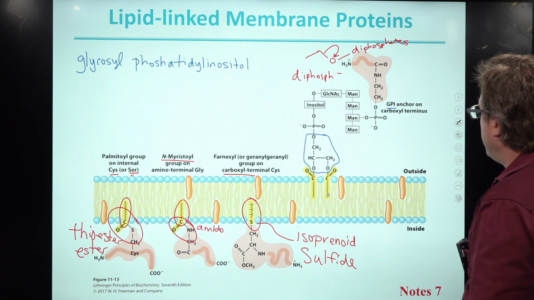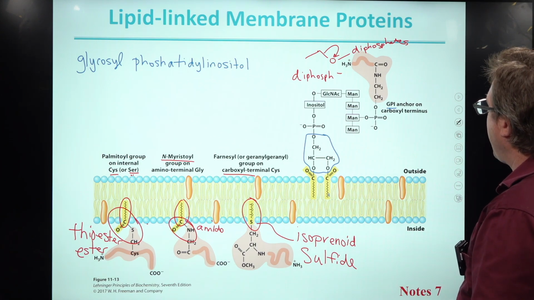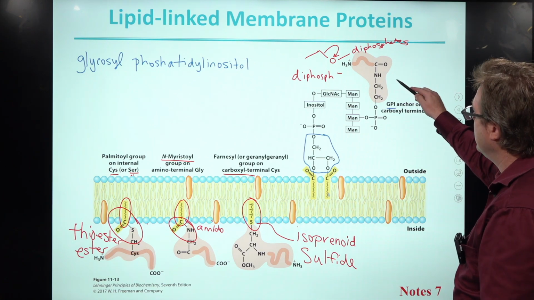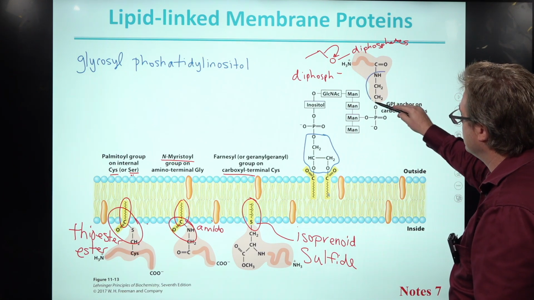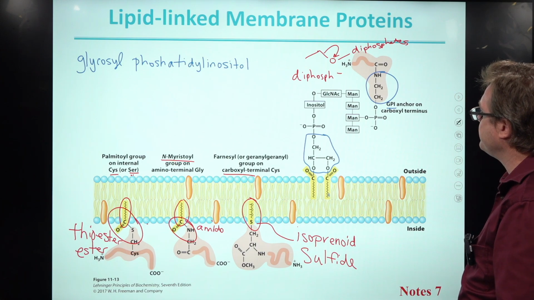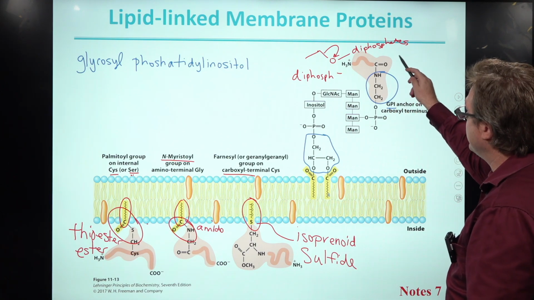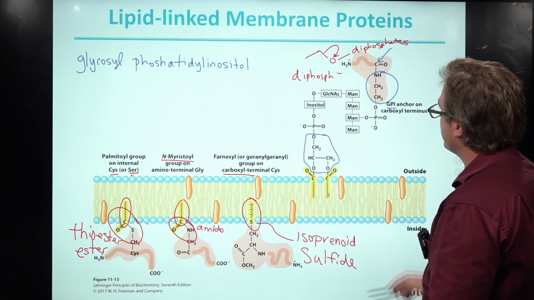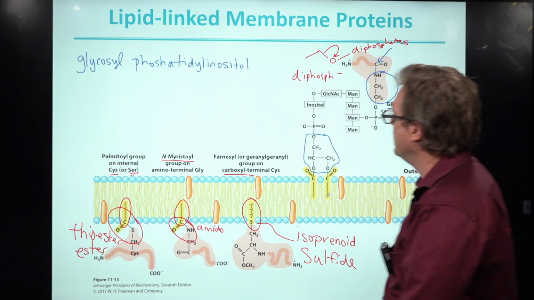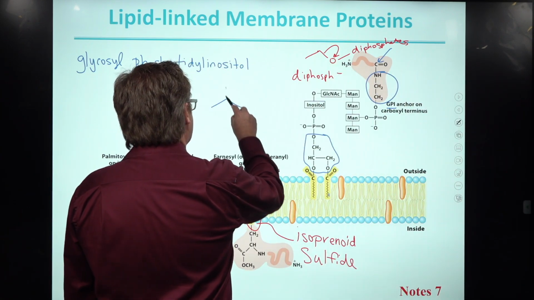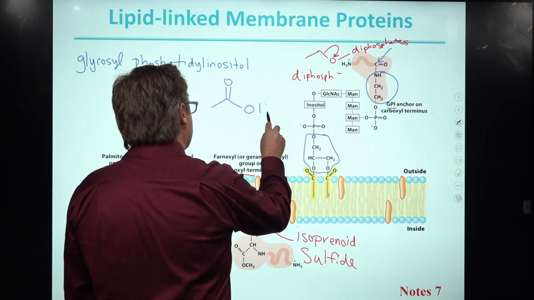So let's talk about this part right there, because this right here is the C-terminus of our protein. So our C-terminus would look something like this.